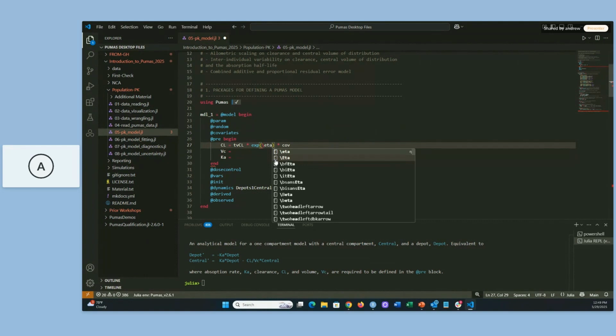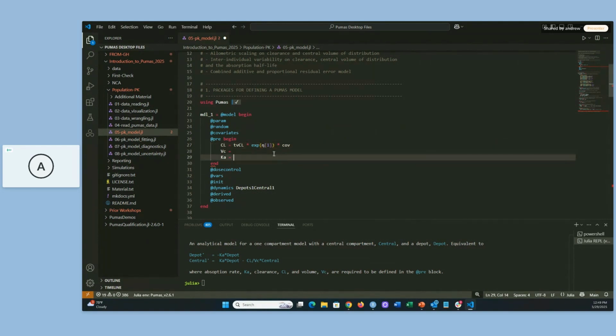So we can type out eta. And this is where I was talking about it can be individually coded eventually or actually as a matrix. So if we are looking at a matrix where eventually we'll have random effects, say, on clearance and volume of the central compartment, we can have that matrix and pull the estimate from the matrix in the first position within clearance and second for VC.